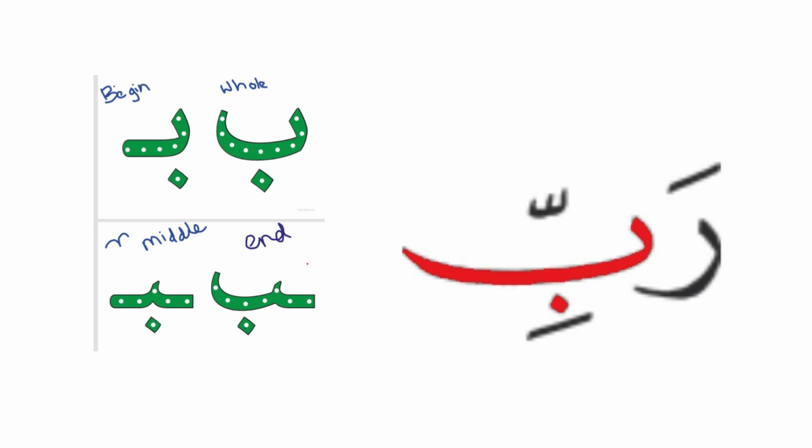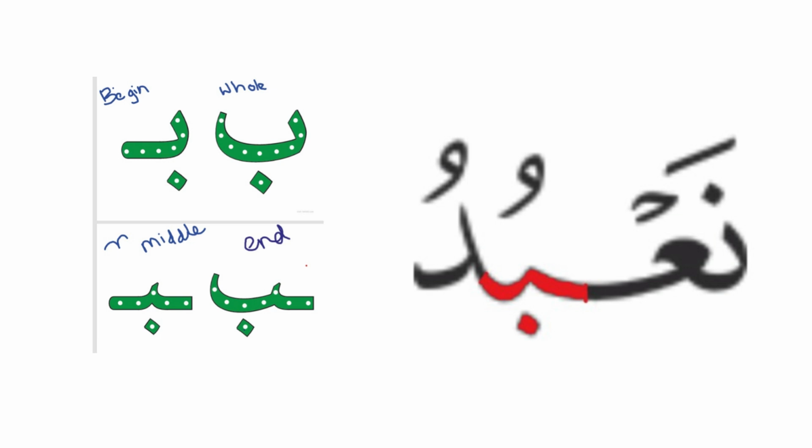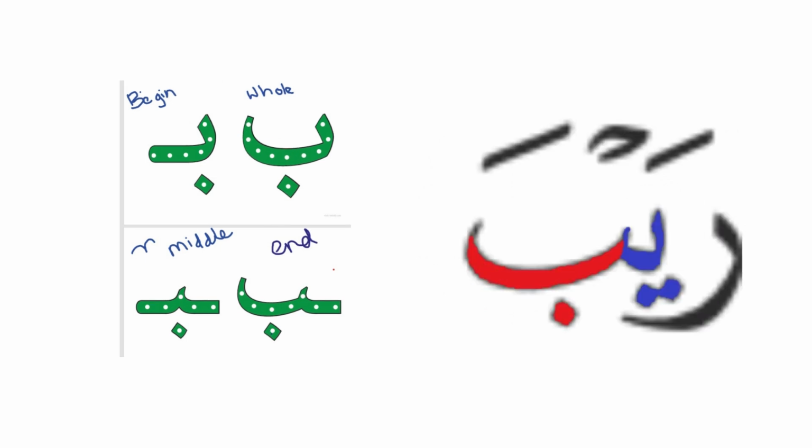So you would just use the whole one. You can see the shape is a little bit different, so think about handwriting and how handwriting changes. Sometimes there can be a slight variation, but otherwise it's that whole bar. Let's move on. This is now the middle bar, and you can see that little mountain peak with the dot underneath. Here, this is what you would call the ending bar.